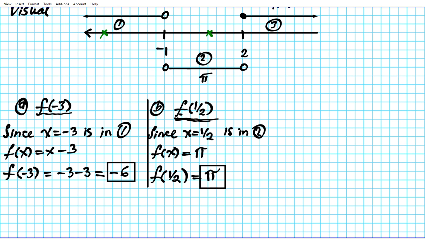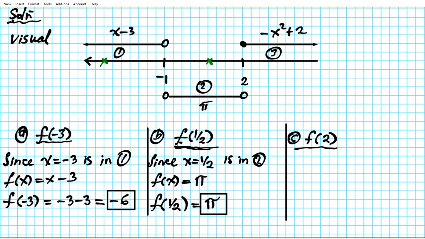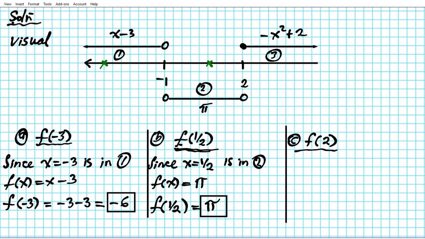Now let's take a look at the final part, part C. For part C, we're looking at the function at the input value of 2. So what's f of 2 equal to? For f of 2, 2 is at a boundary point, but since the closed circle is associated with greater than, we're going to be grouping 2 with interval 3 because the closed circle goes with greater.